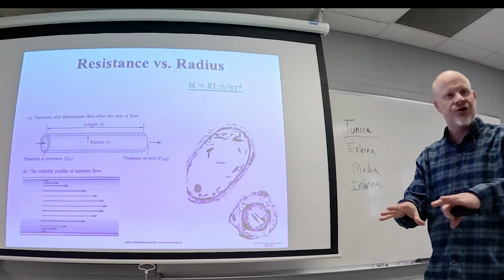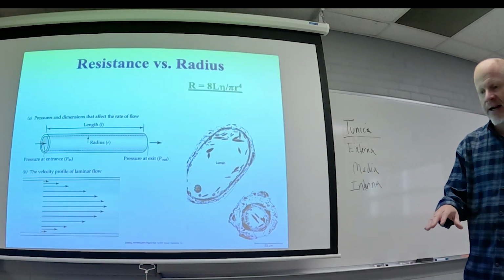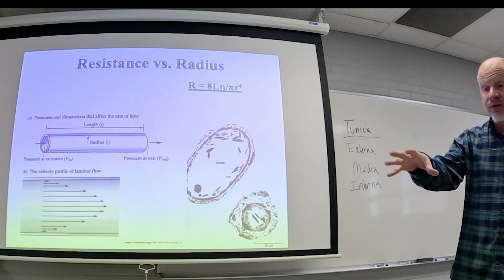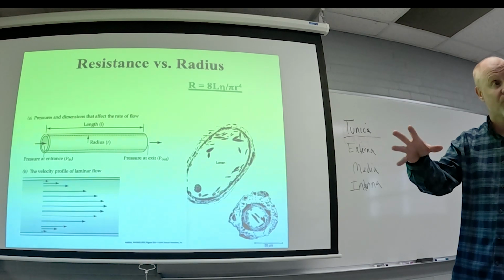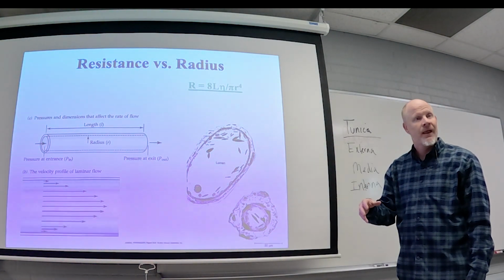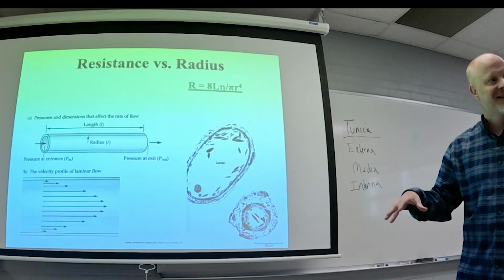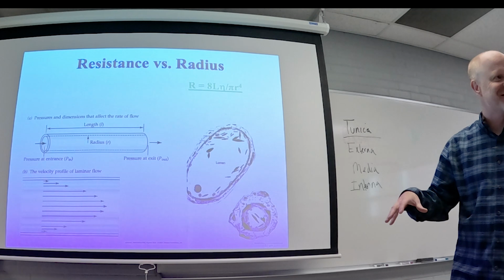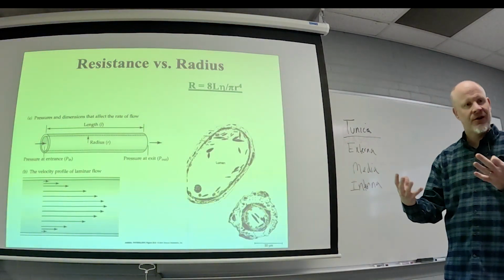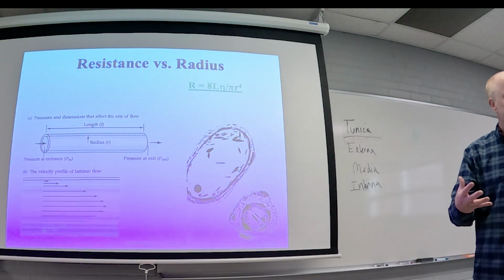If you've ever been on a bridge, next time you're on a bridge, if you look at a good sized river that doesn't have a bunch of rocks in it, if you look in the middle of the river, the water's moving really fast. If you move over closer to the shore, the water's moving slower. Why? Because the water on the edges of the river is hitting the bed, right? And the bed produces resistance, doesn't it? It's got rocks and mud and leaves and logs. And so you get slowing of the water on the edges, and the water in the middle is moving really fast right down the main channel.